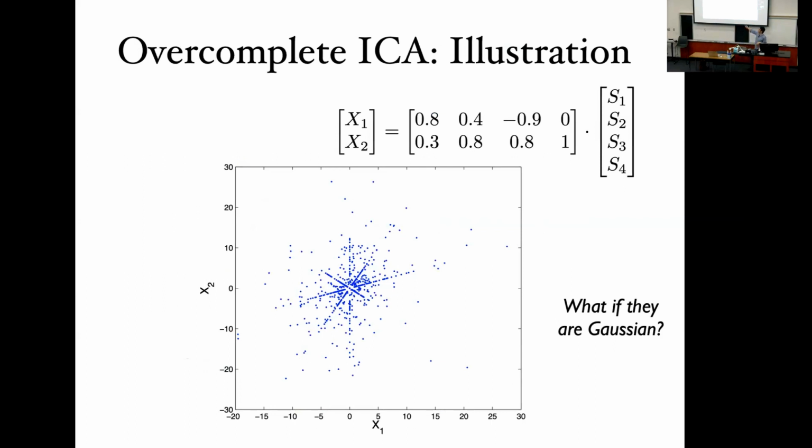Remember this. If you just see this scatter plot, you can estimate the column. You can immediately estimate the mixed matrix without any difficulty, right? Even by visual inspection, you can do so. For machines, they can do so.